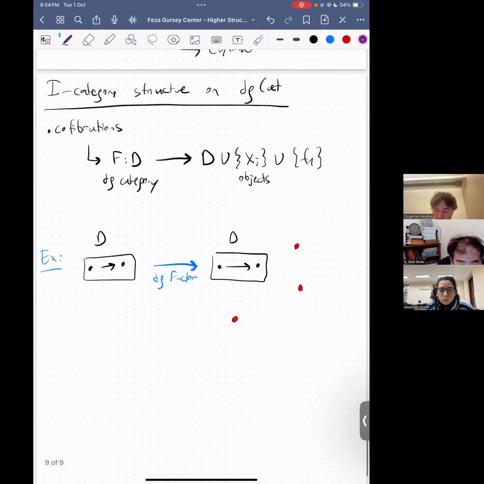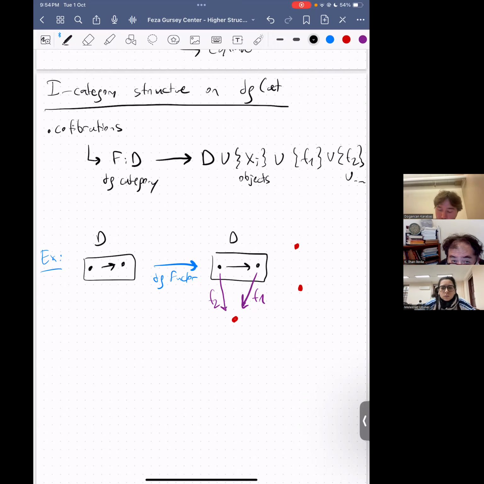For example, F1 can be a morphism from this to this. I can also add morphisms to that picture. So F2 can be a morphism here, and so on.